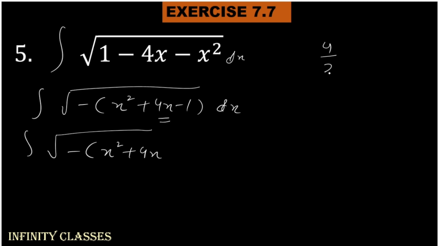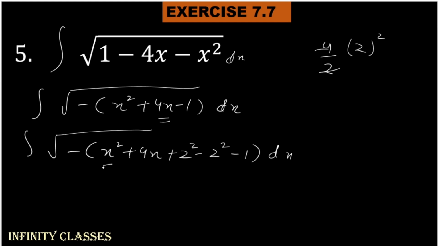We'll divide this by 2 and we get 2. So square of 2 will be added and subtracted, and minus 1.